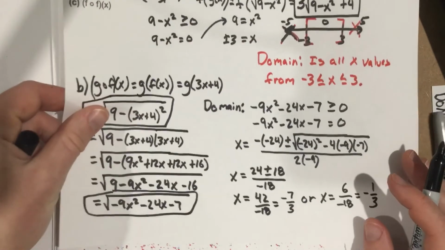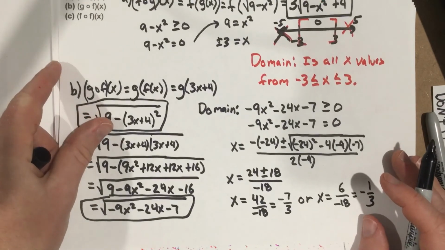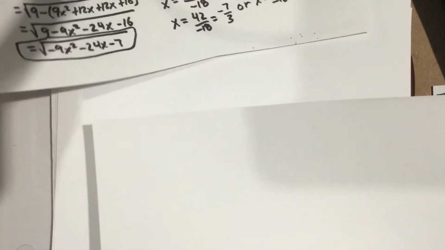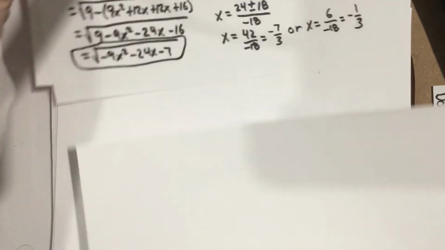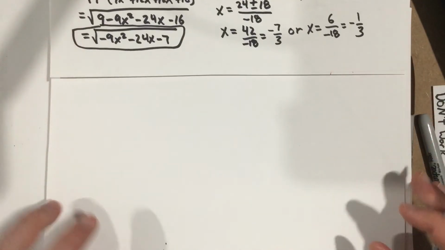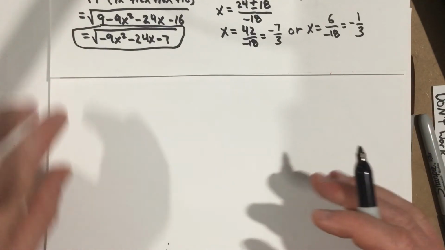Now we need to check using a number line where our domain lies. So I'm going to get a new sheet of paper out here and slide this up a lot. Okay. Draw the number line.